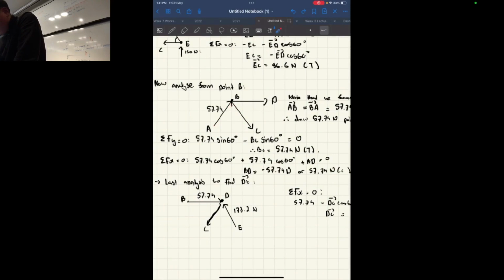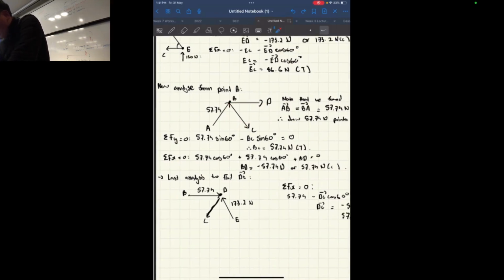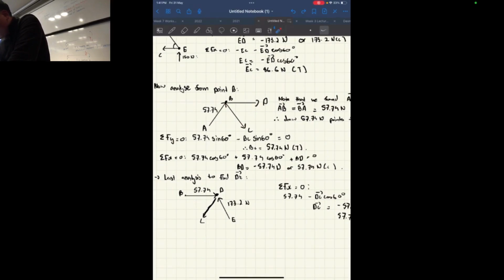We have the vertical component going down, and then minus BC sine 60 degrees equals 0. Rearranging all that, BC equals 57.74 newtons in tension.